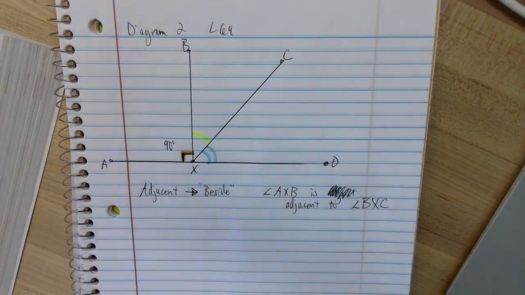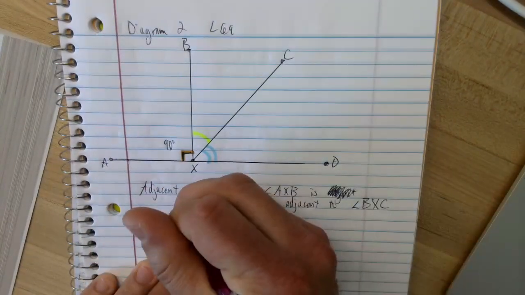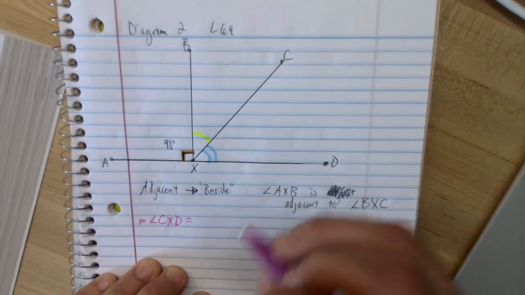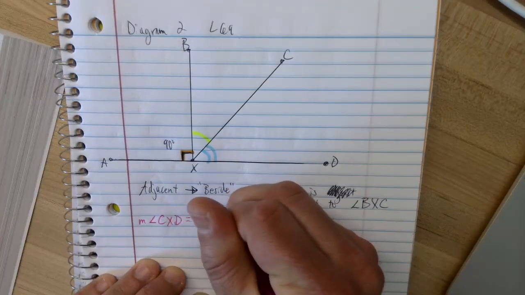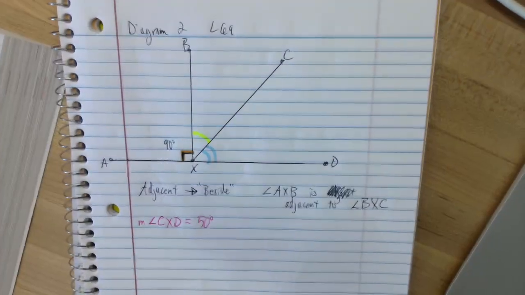Firstly, we can see that they're right beside each other, so we could say they're adjacent to each other. But secondly, I'm more concerned with their numerical value. So let's suppose that you're given the measure of angle CXD. What do y'all want it to equal? Let's make it 50 degrees. Okay? I didn't do any work, that's just part of the problem.